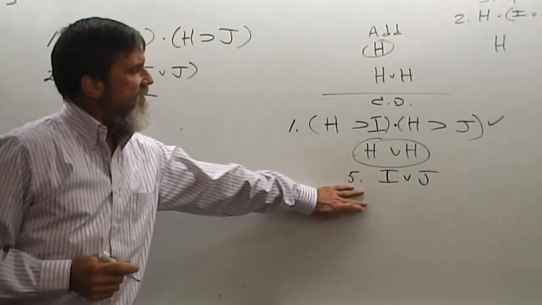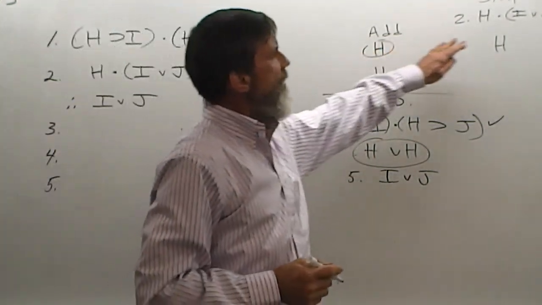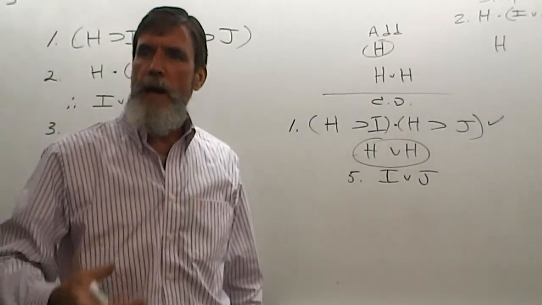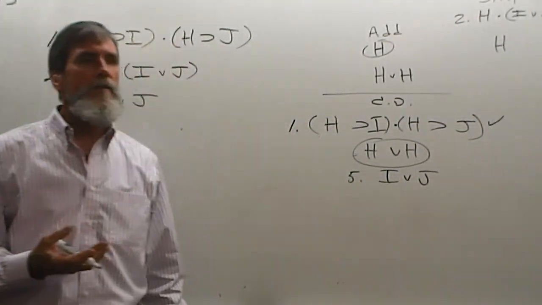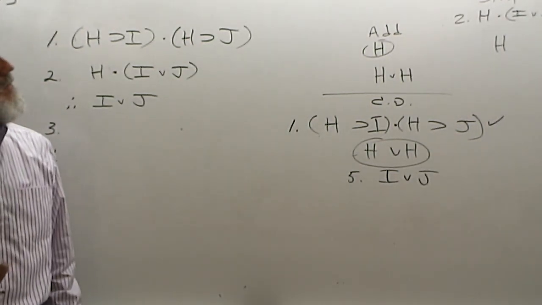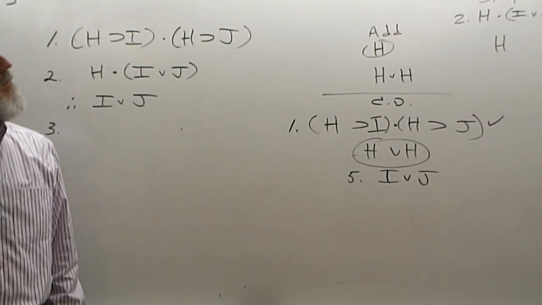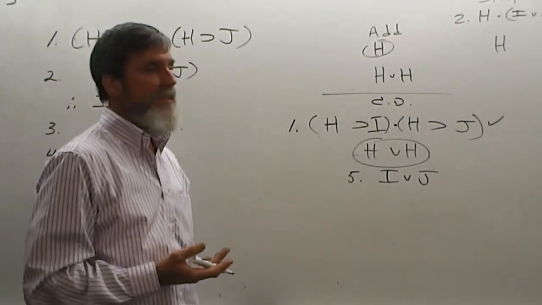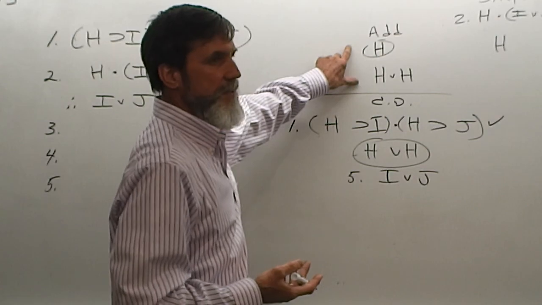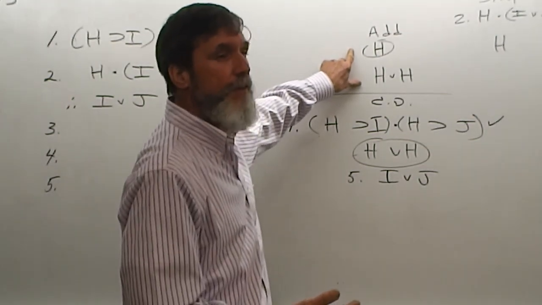So this is our last step. Can you tell which one of these has to happen prior to the other? Simplification first. Simplification has to happen first, right? Because we need H for this one. So therefore H has to be obtained first.